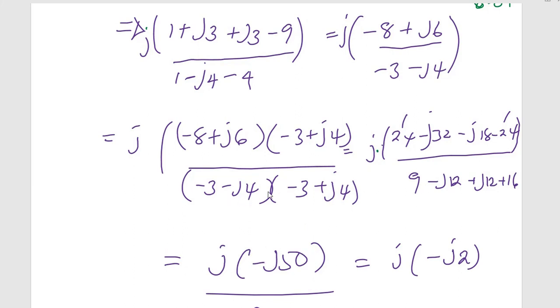Then what is down here is minus 3 times minus 3, that will be 9, minus 3 times the minus j4, that will be minus j12, then minus j4 times 3, this will be plus j12, then minus j4 times j4, that will be minus 16, then times that negative 1, which is j times j, which is j squared, so that at the end of the day you have 16.